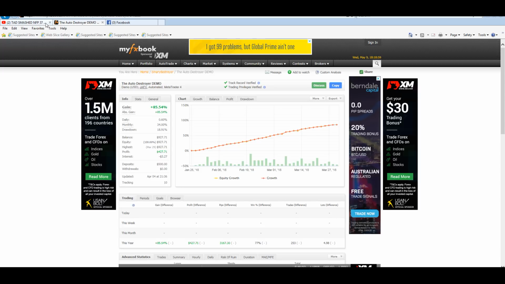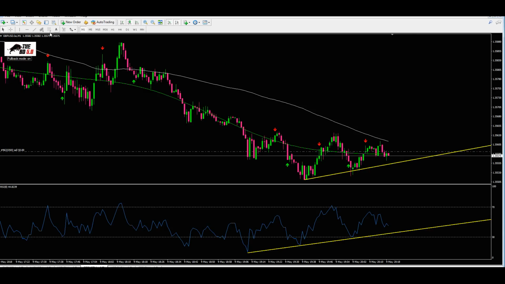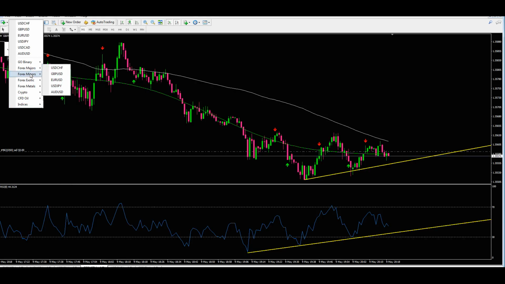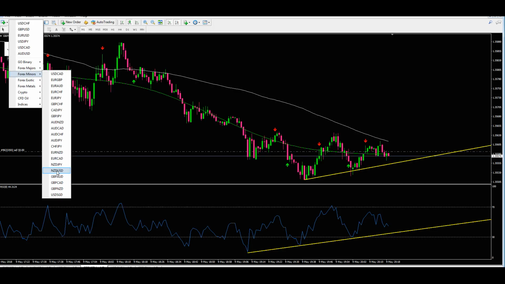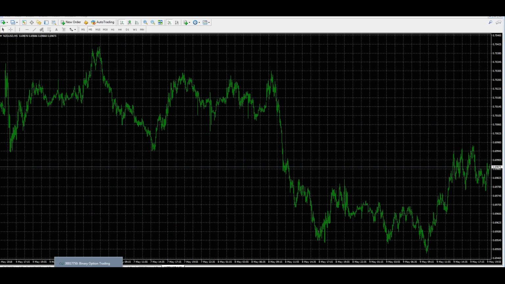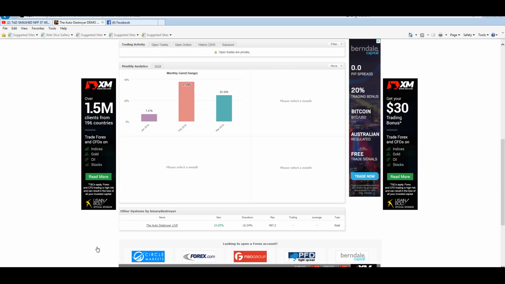In fact, I'll show you the massive move that we had with it. Because I was only trading one currency pair, and it was NZD USD, was it? Or was it Euro USD? I can't remember. Let me have a look. I think it might be Euro USD.